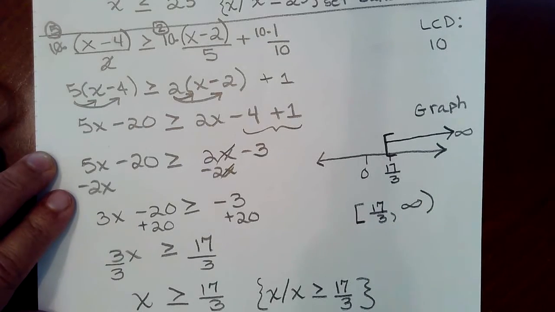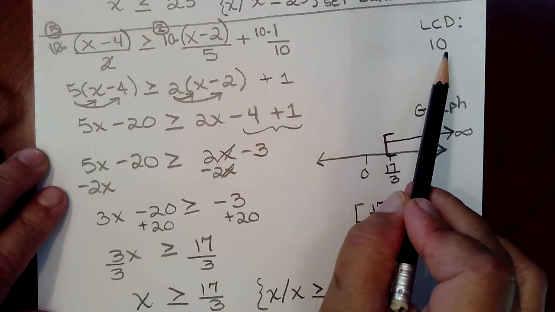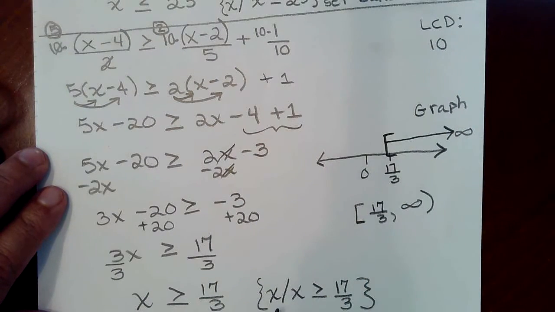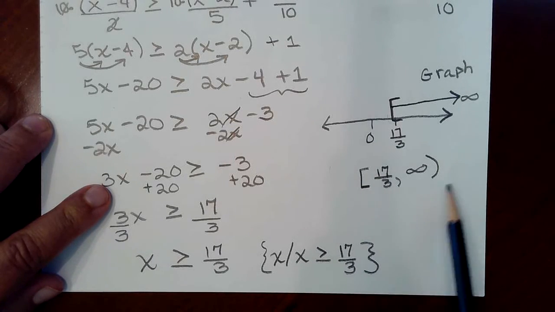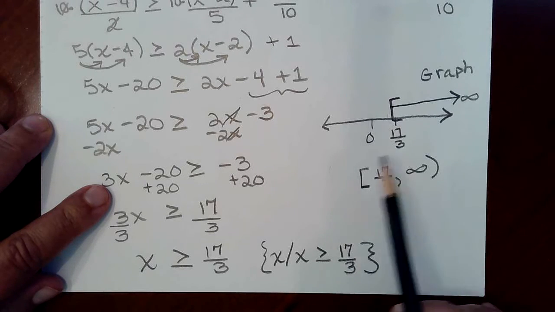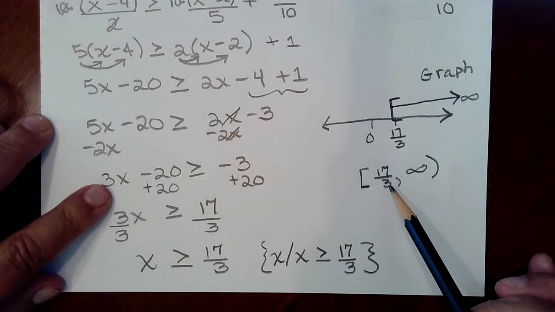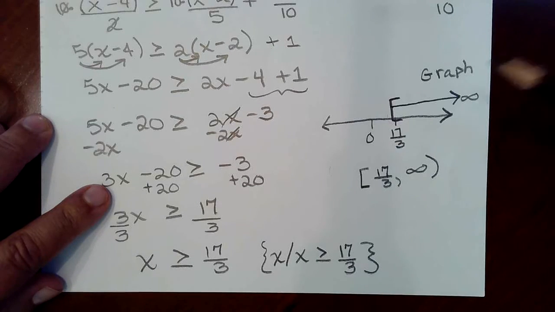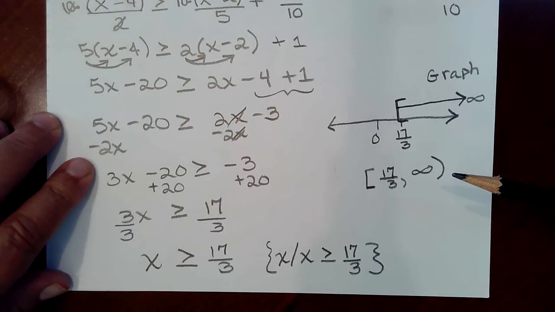So we have a problem where we cleared out all the fractions by multiplying by the LCD, presented the solution in set builder notation, although you're really going to be expected almost 100% of the time to give it in interval notation. And this is the graph. I suggest you do the graph before jumping into the interval notation because it really lends itself right to that type of solution. And that is it.